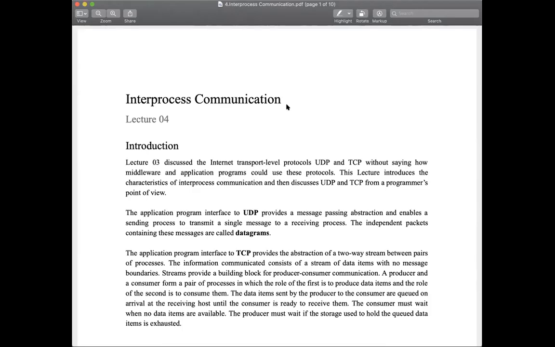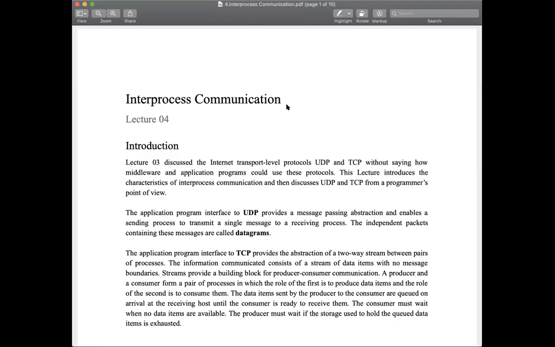Even though we are talking about communication, it's actually communication between processes, so that's why the title says inter-process communication. Basically, we try to understand the UDP and TCP protocols here.